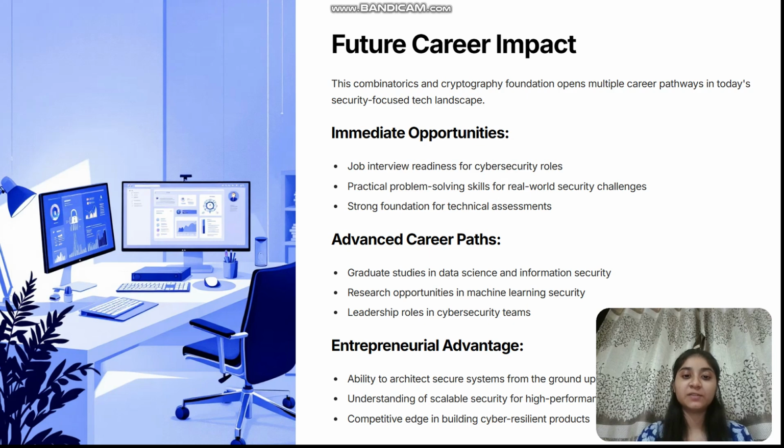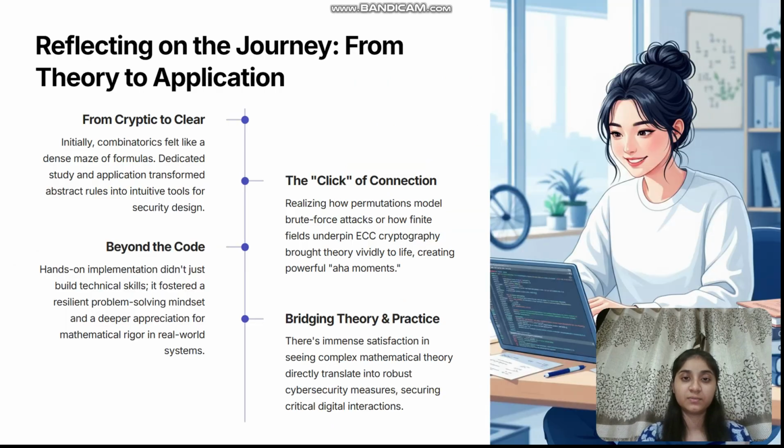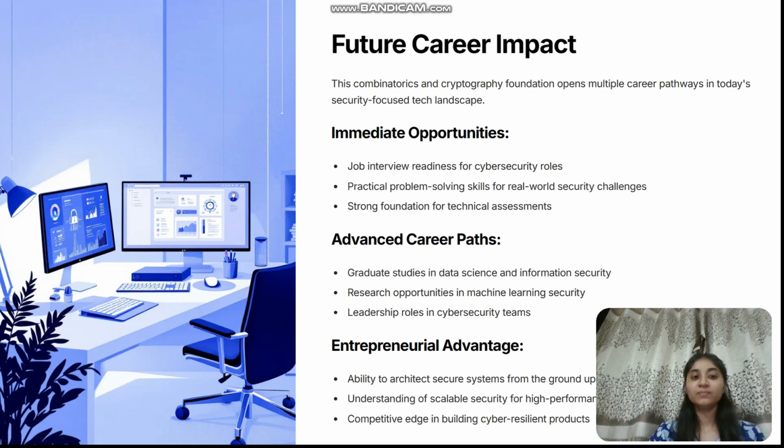How this experience will help in my future career. Now, let's talk about how this experience will benefit my future career. Combinatorics and cryptography are at the core of cybersecurity. With the knowledge I gained, I feel prepared to tackle real world security challenges, whether in job interviews or hands on experience.